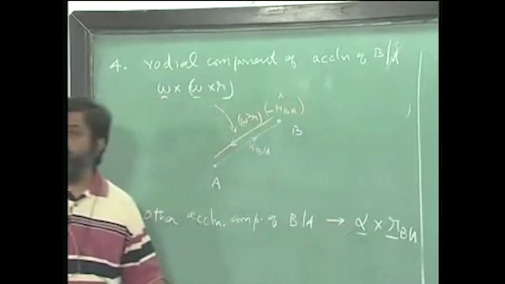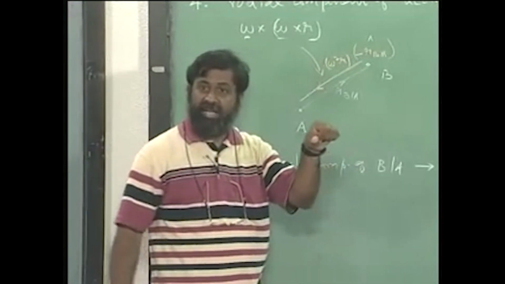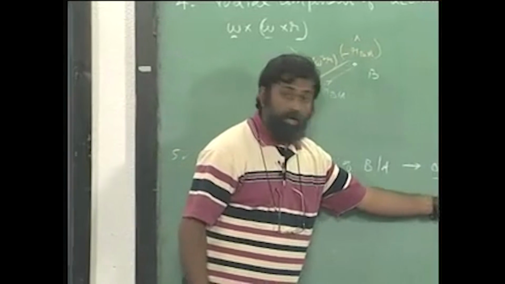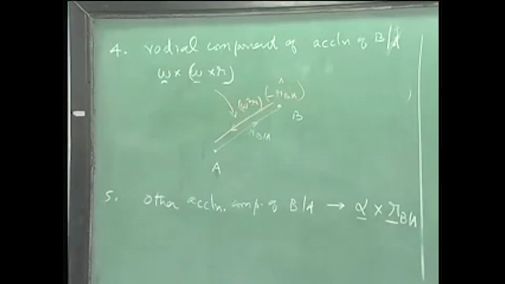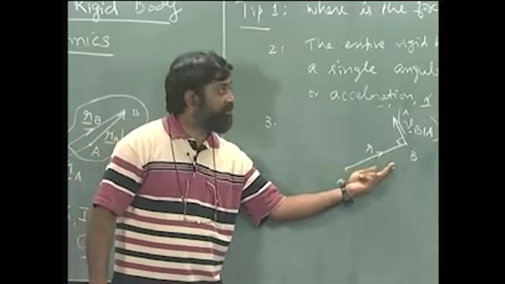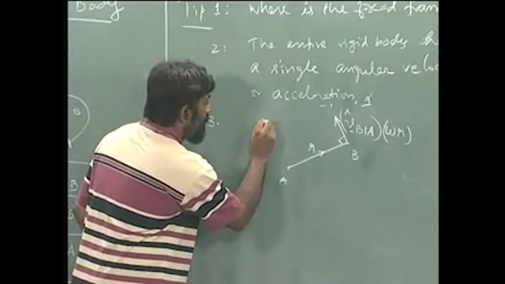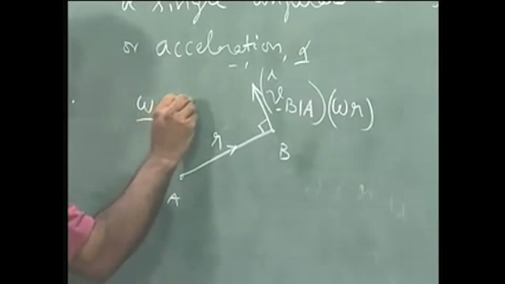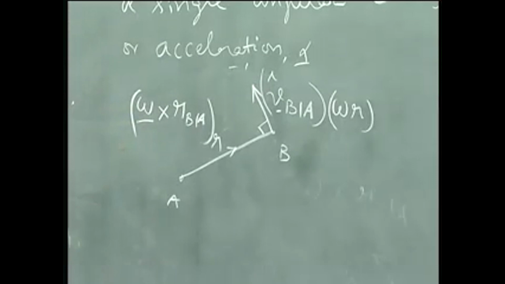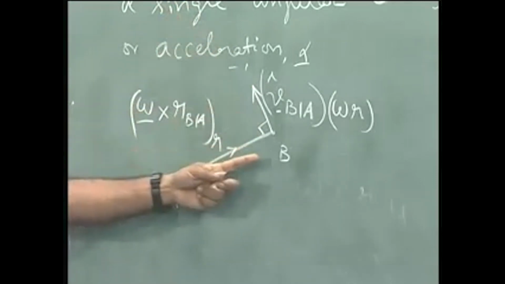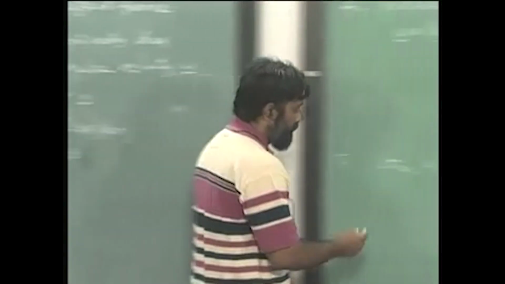The direction of alpha is the same as the direction of omega, which is the k direction, and this is RB with respect to A. We did this exercise earlier for omega cross RB with respect to A, and the direction is anti-clockwise pivoted over A, and therefore this is very simple.